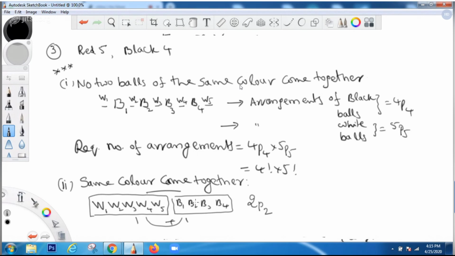Now, among these five whites, how many internal changes are possible?